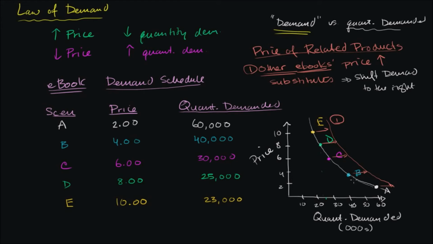We're essentially saying the price quantity demanded relationship is held constant, and we can pick a price and we'll get a certain quantity demanded. We're moving along the curve. If we change one of those things, we might actually shift the curve. We'll actually change this demand schedule, or change this curve.